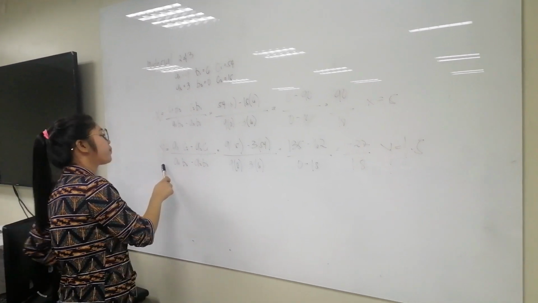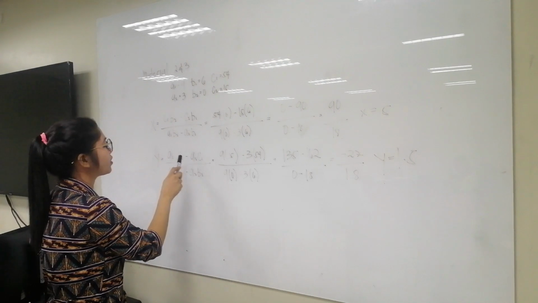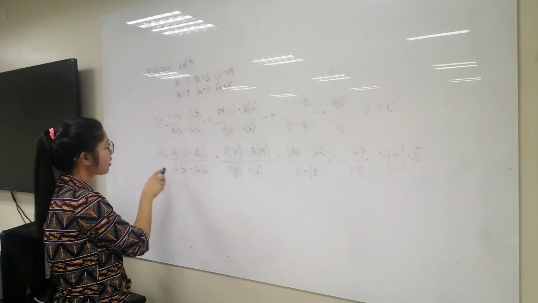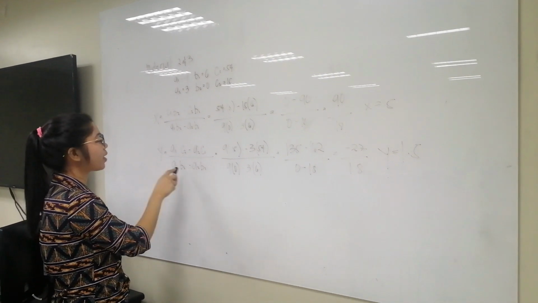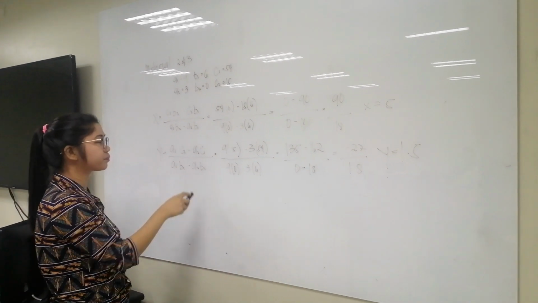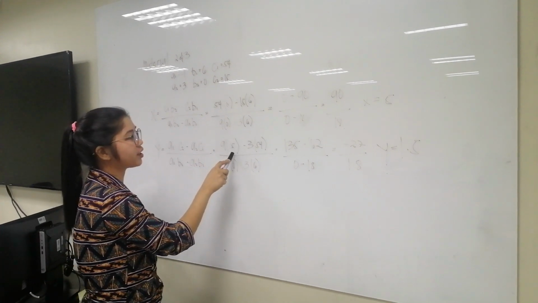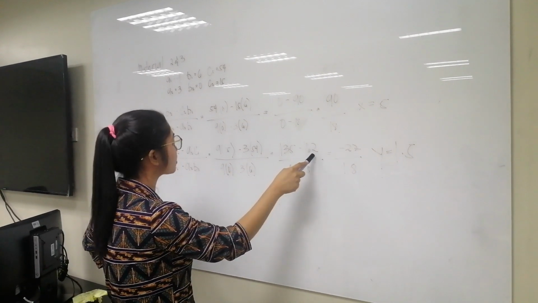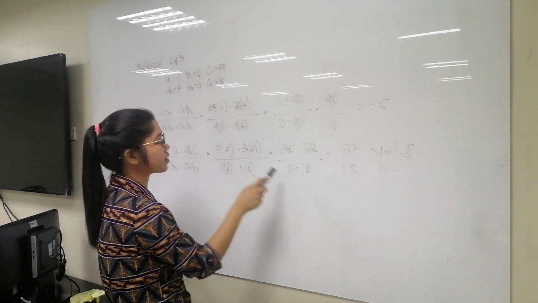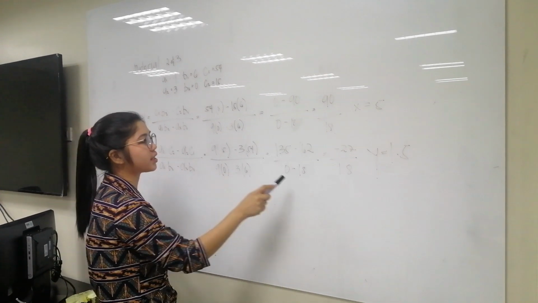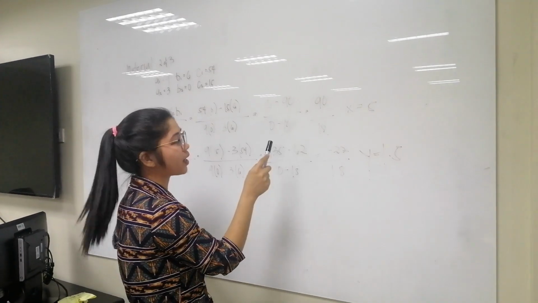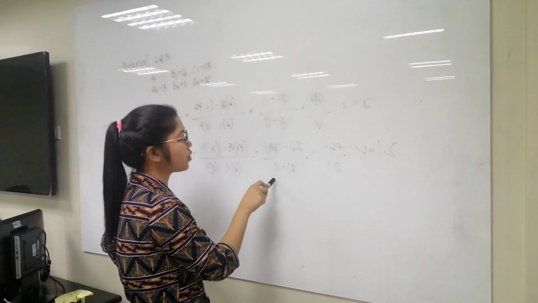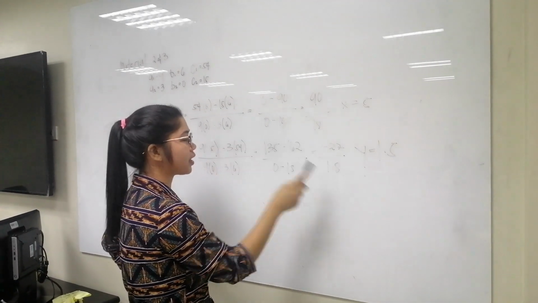For the y, A1 times C2 minus A2 times C1 over A1 times B2 minus A2 times B1. 9 times 15 is equal to 135. 3 times 54 is 162. 9 times 0 is 0. 3 times 6 is 18. 135 minus 162 is equal to negative 27. 0 minus 18 is negative 18.